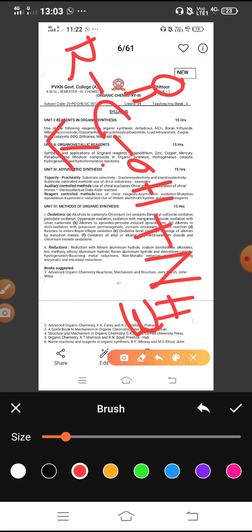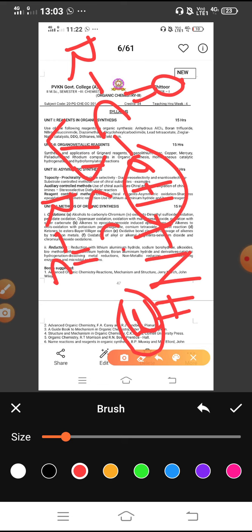We are using DCC, with loss of a water molecule: the OH from the carboxylic acid and one hydrogen from ammonia. The product formed is RC double bond O NH2.